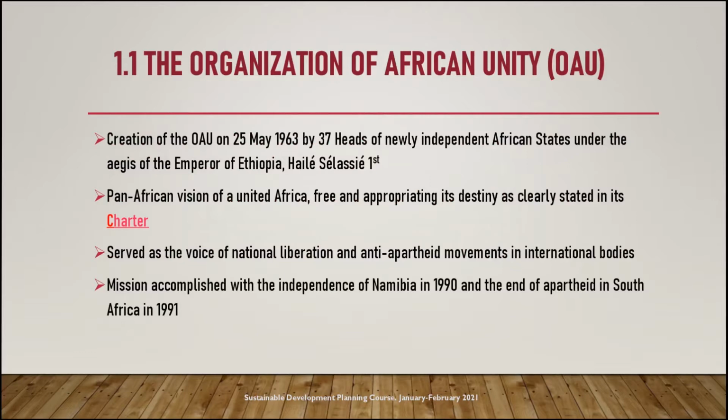The OAU was created on the 25th of May 1963 by 37 heads of newly independent African states under the aegis of the Emperor of Ethiopia, Haile Selassie I. It was a Pan-African vision of a united Africa, free and appropriating its destiny, as clearly stated in its charter.